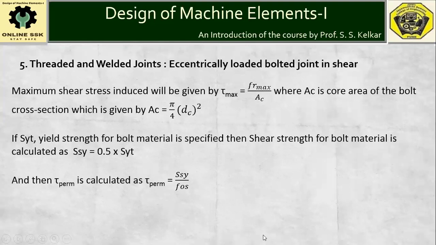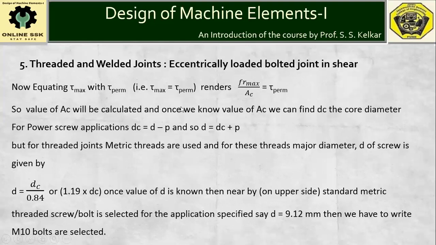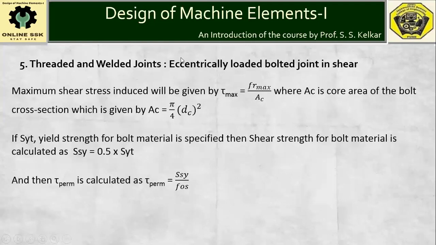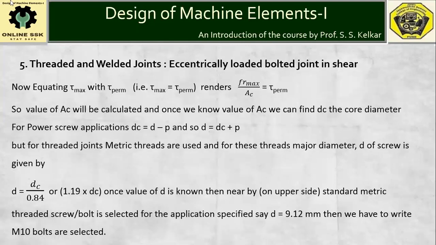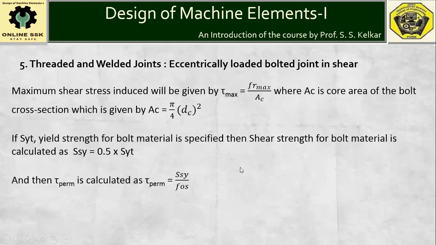Now, following the usual procedure of equating induced stress with the permissible, if we equate tau max induced with tau permissible, then Fr max upon AC will be equated with tau permissible. Tau permissible will be known to us because in the problem statement they will specify the value of SYT as well as the value of FOS.